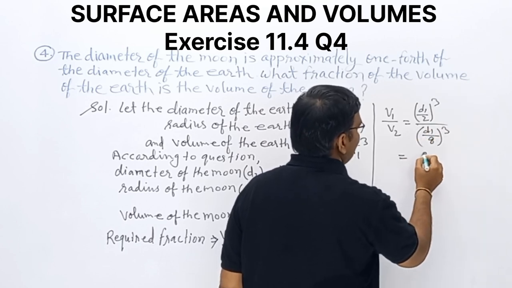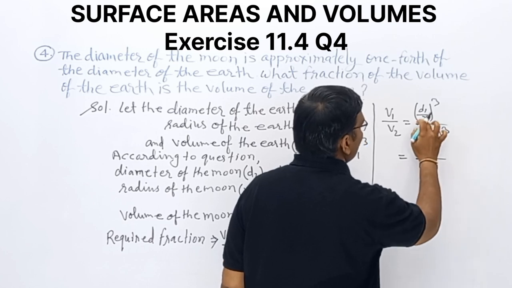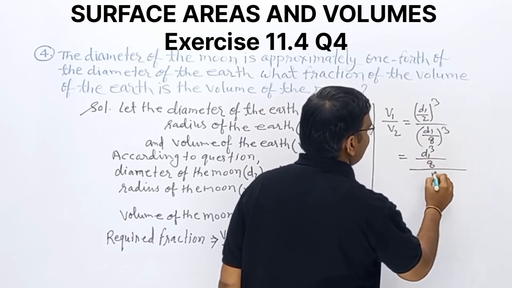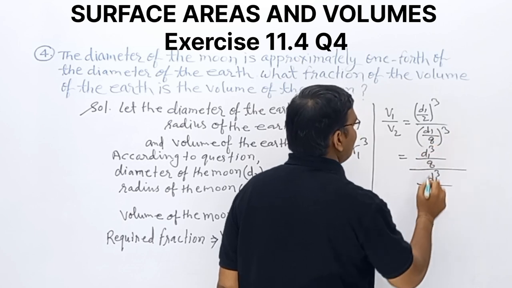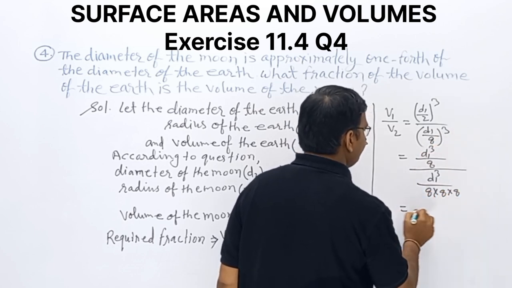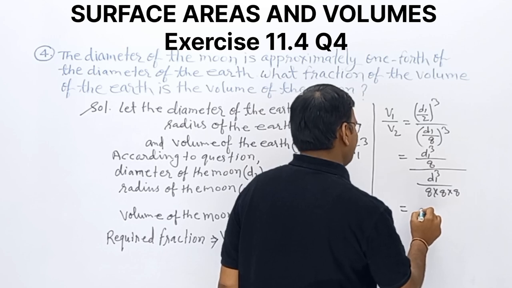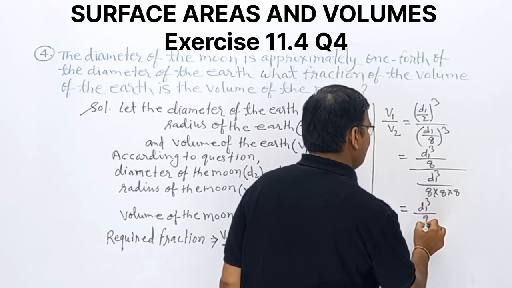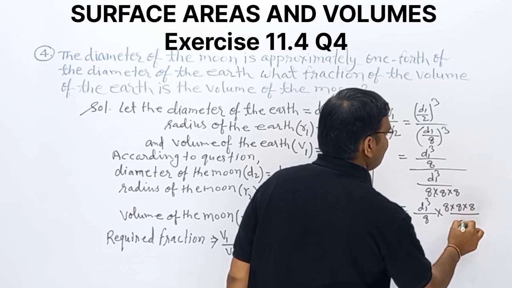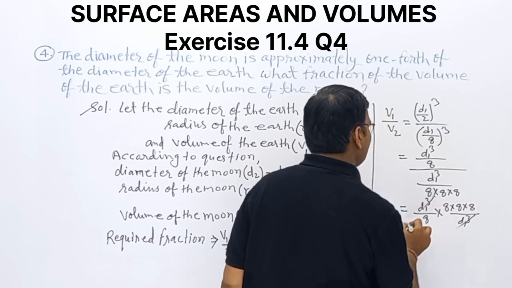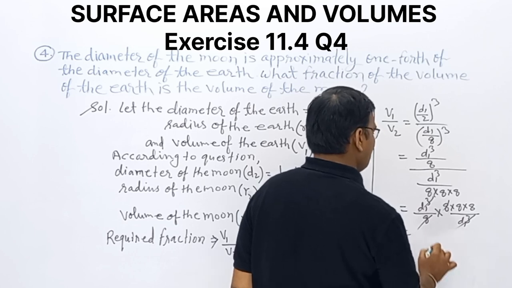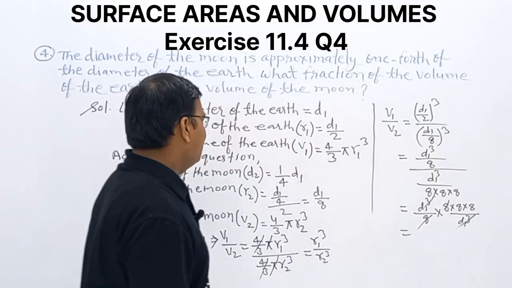Solve this one. d1 cube divided by 2 power 3, which is 8, divided by d1 cube divided by 8 power 3, that is 8 into 8 into 8. Solving, we get d1 cube divided by 8 into 8 into 8 into 8 divided by d1 cube. d1 cube and d1 cube cancel. 8 ones are 8, 8 ones are 8. So what are we getting?